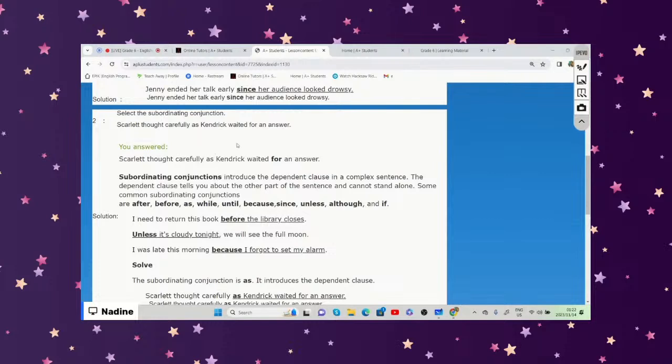So Scarlett thought carefully as Kendrick waited for an answer. As Kendrick waited for an answer is our dependent clause, but the word as is our subordinating conjunction.